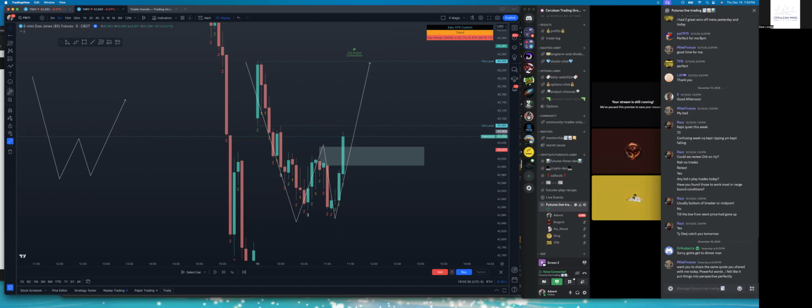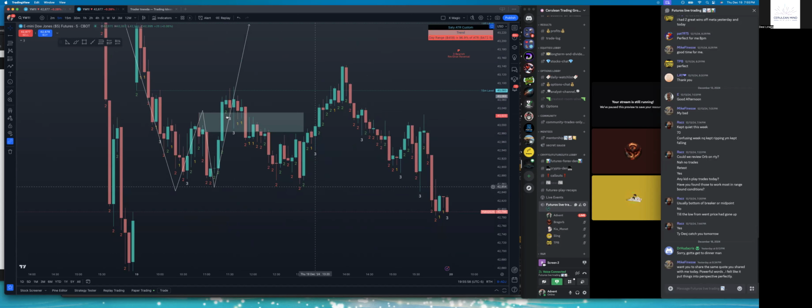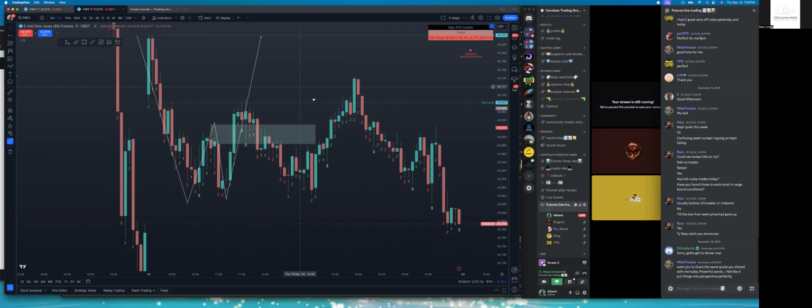But again, I'm not going to hold the position for almost 300 points with my full size. I'm going to be taking profit in the center area and when the W completes, whether that's here or up here. If it is a valid W in its entirety, it's going to make a new high of day, which as we can see here, did not happen. It kind of died off later on.